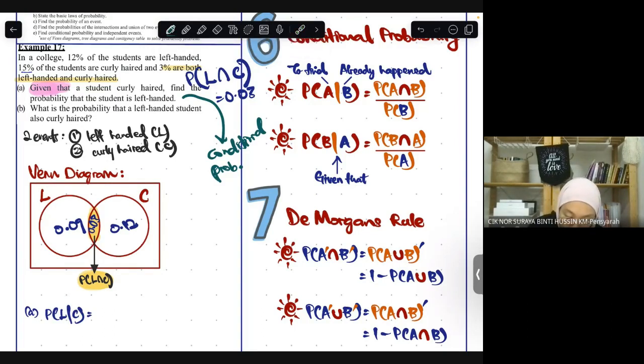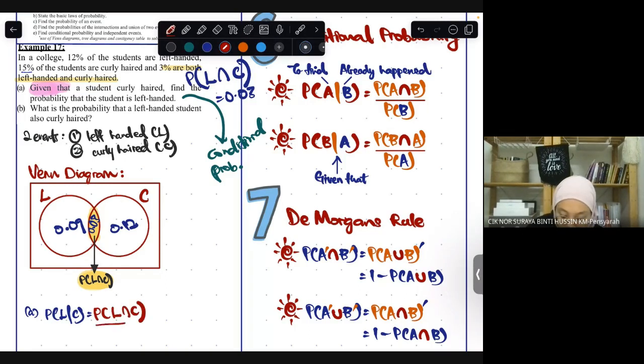So formula dia adalah probability of L intersect C divided with probability of C. Therefore, the intersection between the left-handed and the curly is 0.03 divided with the probability of C is 0.15. Therefore, the answer is just 0.2.